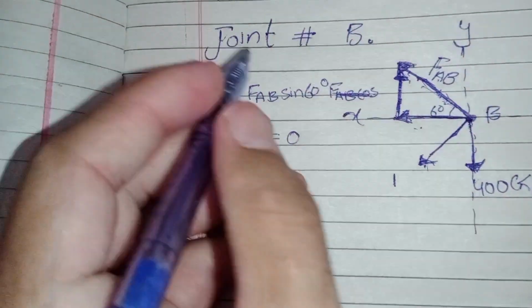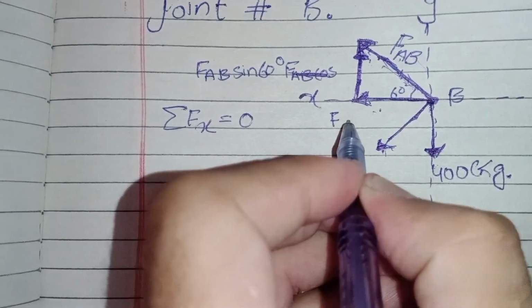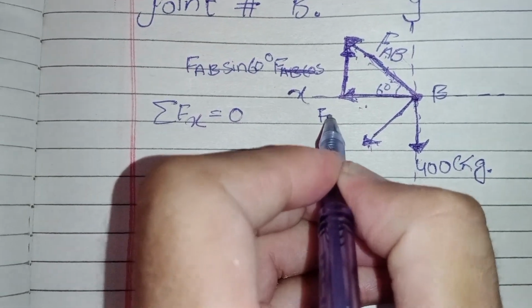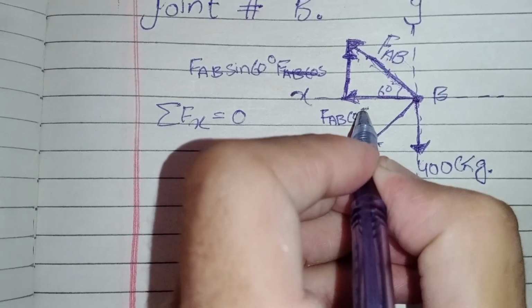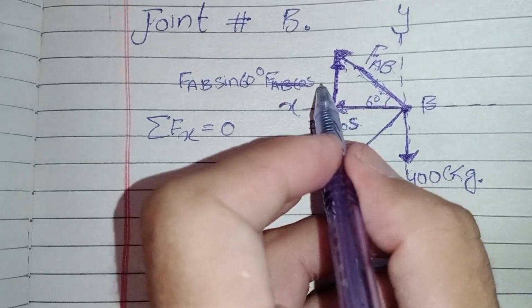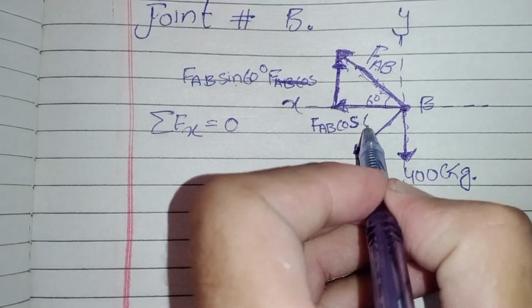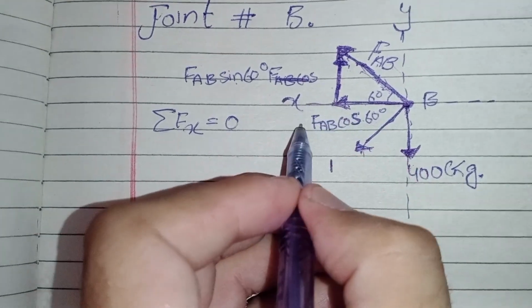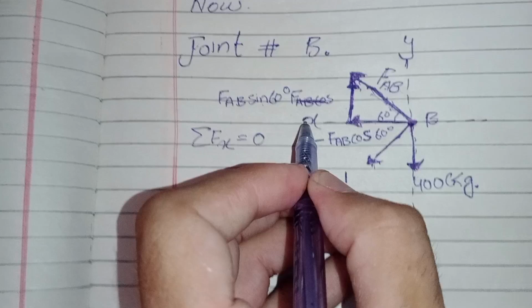Okay, so this is horizontal component, F of AB cos. With horizontal component we take cos, and with vertical component we take sine. So cos 60 degree. This will be negative because the direction is toward left.